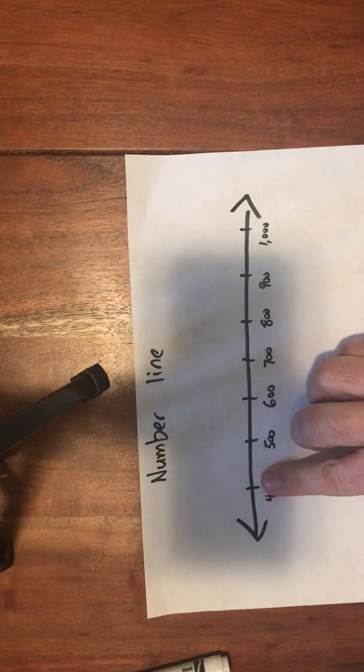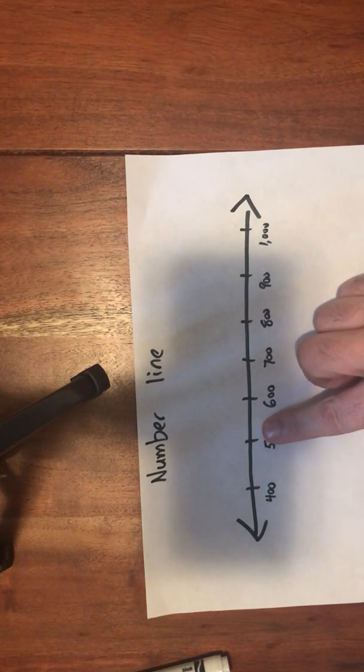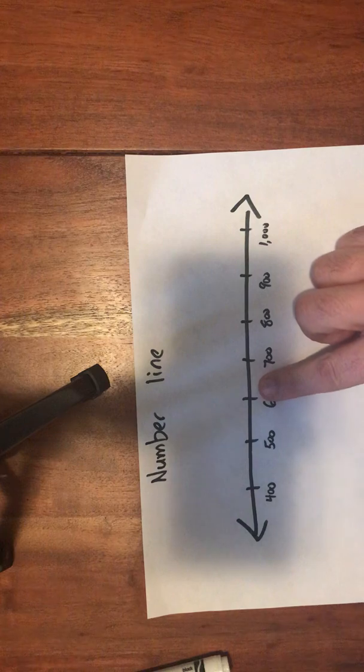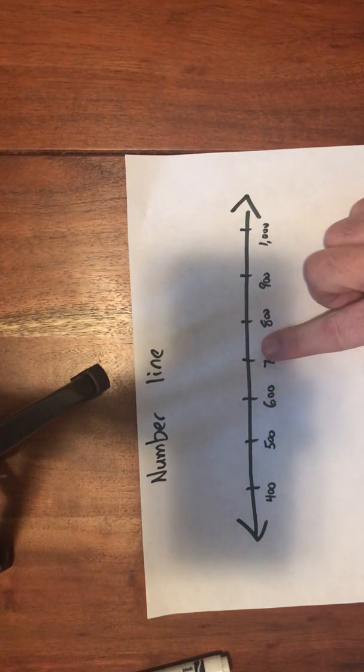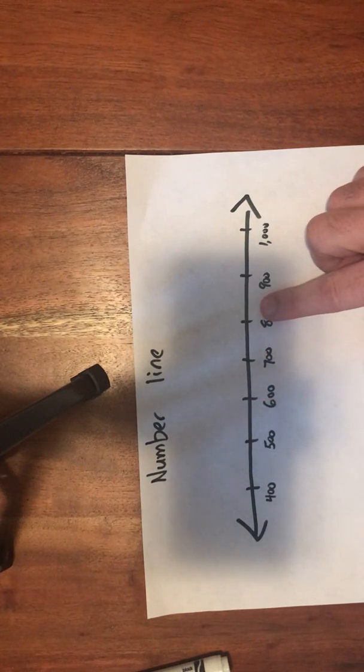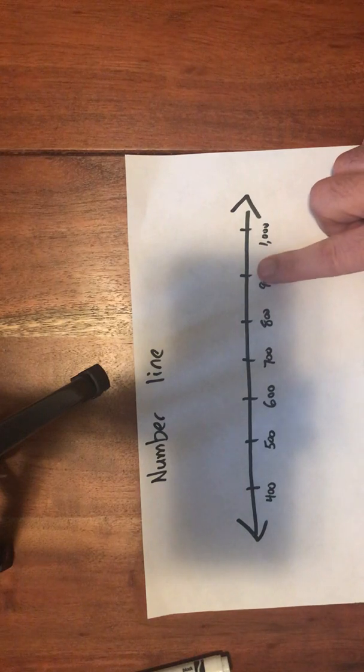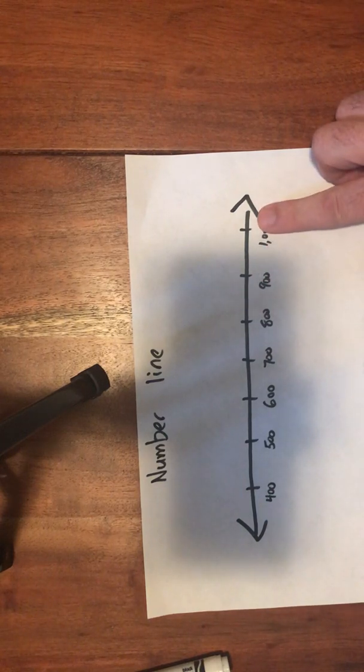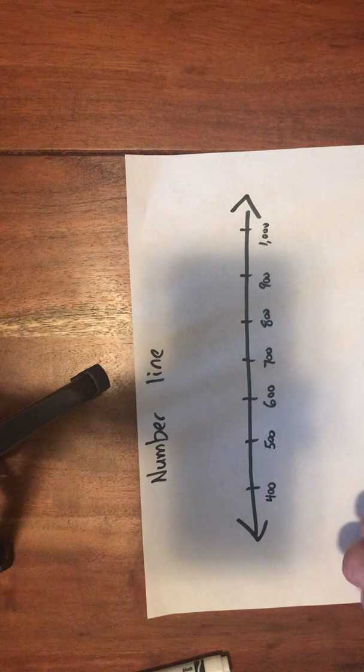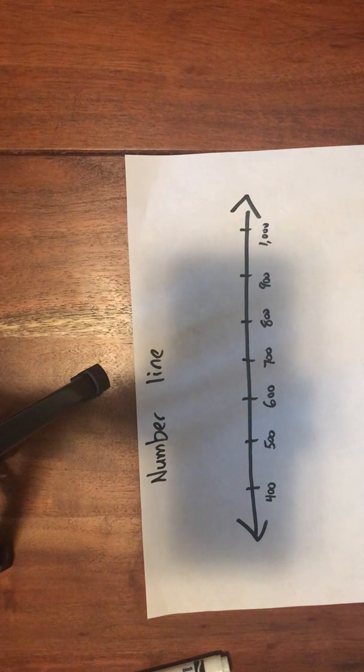Look. 4, 5, 6, 7, 8, 9, and here it goes back to 0, but there's going to be a new digit there. There's going to be thousands. We're taking all 10 hundreds, we're bundling them together, and so there's no hundreds left, and instead we're making 1,000. But we're not going to talk about that today so much. We'll really talk more about that in the future.